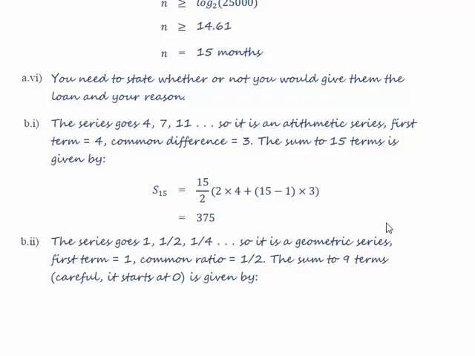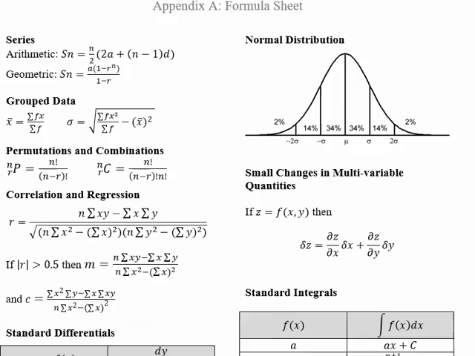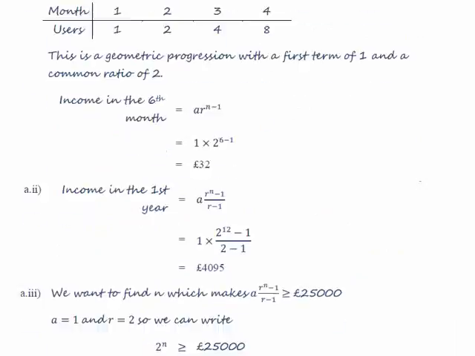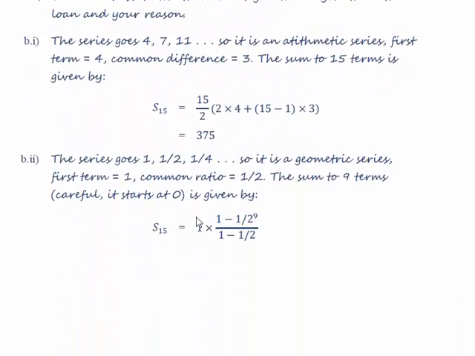The first term is 1 and the common ratio is a half. So the sum to n terms, we'll just look at the formulae. Sum to n terms is given by this expression. So it's 1 minus a half to the power of 9 over a half. And that gives us 1.996.